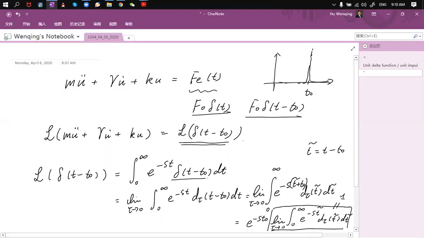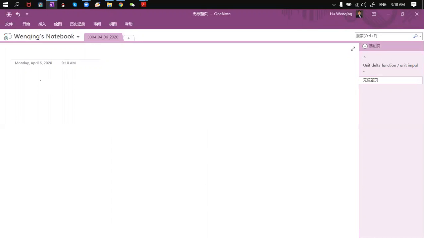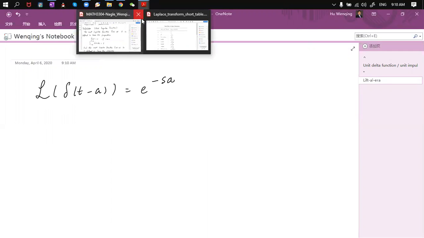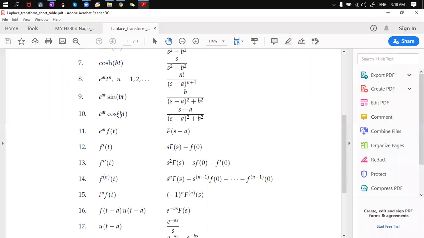So once this is done, you can see that the Laplace transform of delta of t minus a is equal to e to the power minus s multiplied by a, right? This is one of our important results for the Laplace transform that you can find on the table.